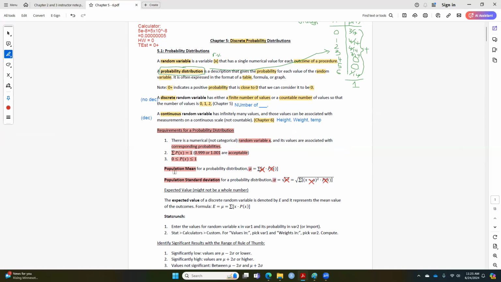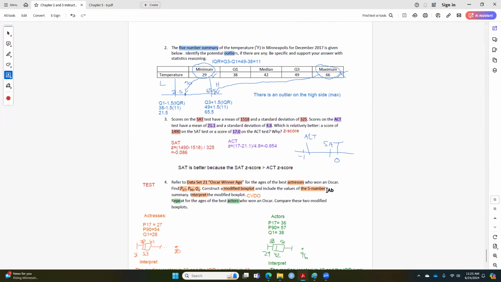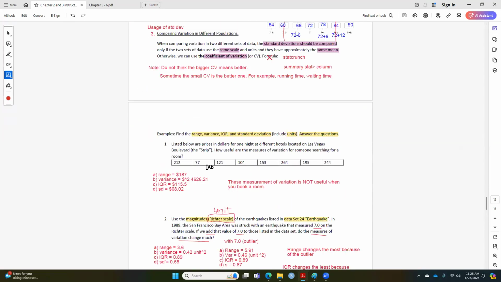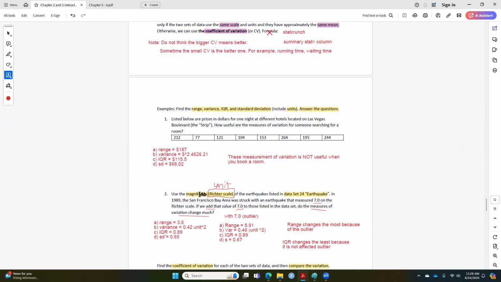We are no longer finding the sample mean and the sample standard deviation like you did in chapter 3. Remember in chapter 3, we found the mean and the standard deviation for the price and for the magnitude.